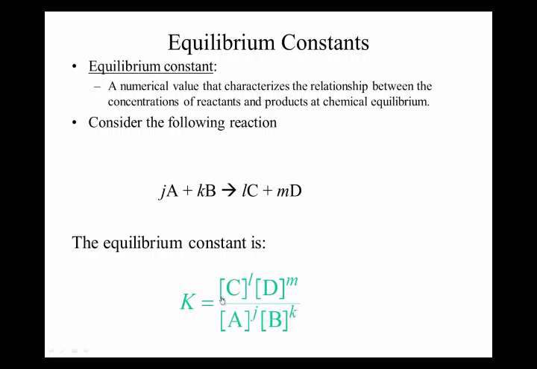The main thing to remember is it's products over reactants. So what's important here is thinking about what a very large K would mean and a very small K would mean. That's where we're going to go with this. We're also going to need to know how to write these expressions, so I'll show you in a minute.